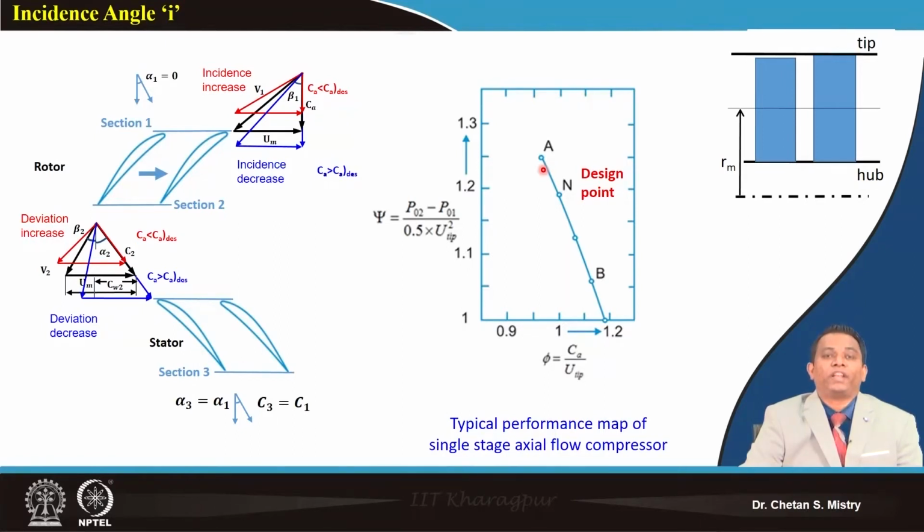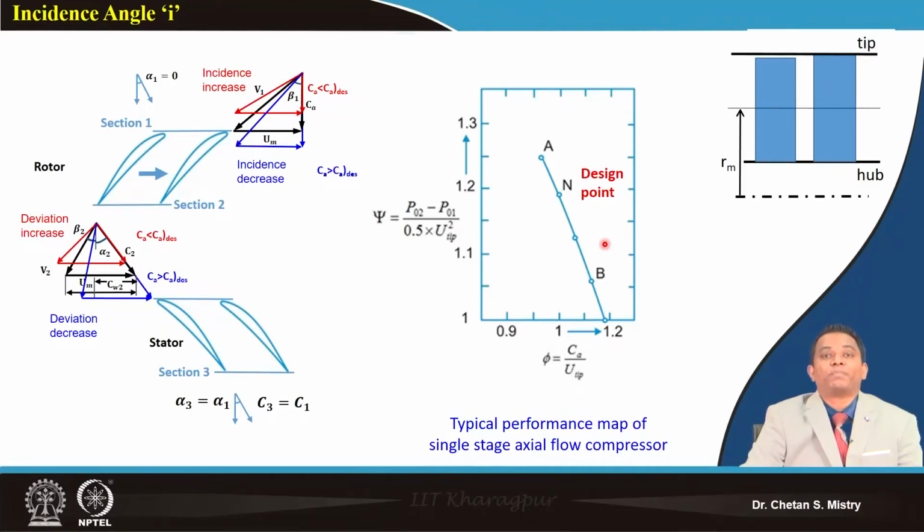In line with that, when it is flying at cruise condition, it may be required that the pressure rise is lower, and that lower pressure rise we can roughly call point B. The change in my requirement of thrust is managed in different ways.